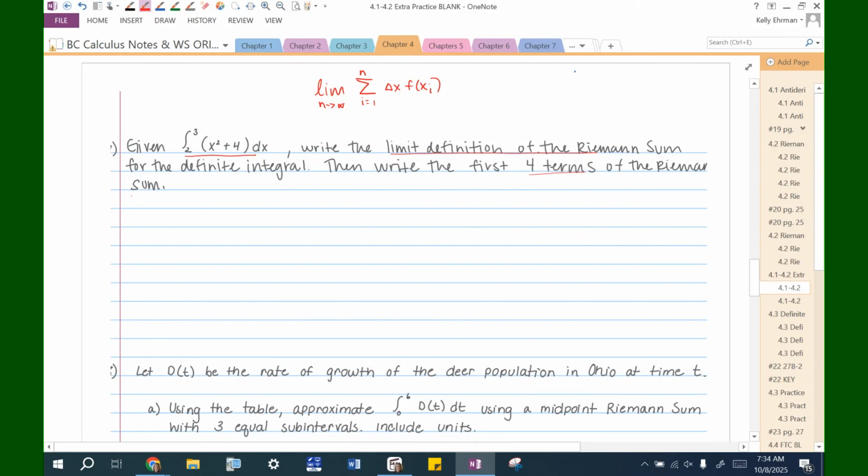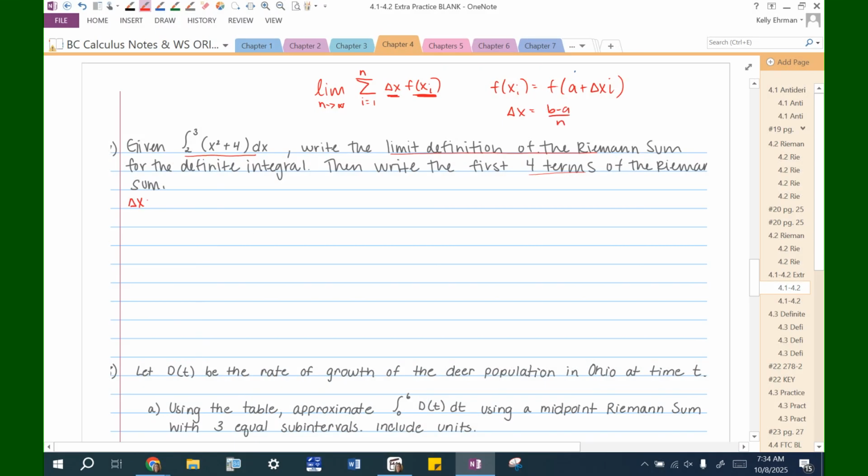So our job is first to establish what is our expression for delta x and what is our expression for f of x sub i. So f of x sub i is always f of a plus delta x times i. And delta x is always b minus a over n.